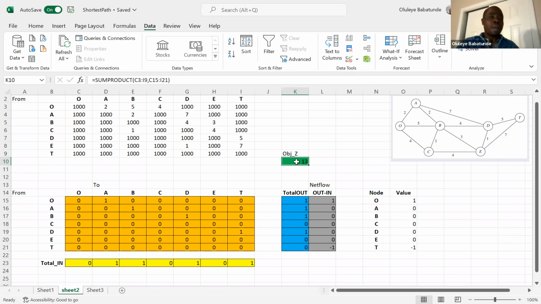Okay. Now let me interpret this figure for you. So between O and T, the shortest distance is A to B to D and to T. See that you have your 1 under A, you have 1 under B, and so on.